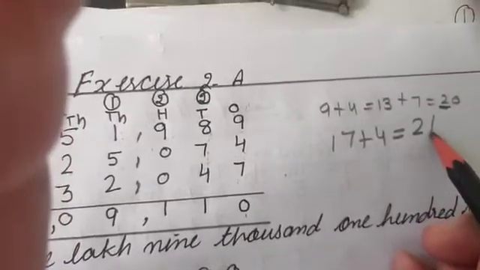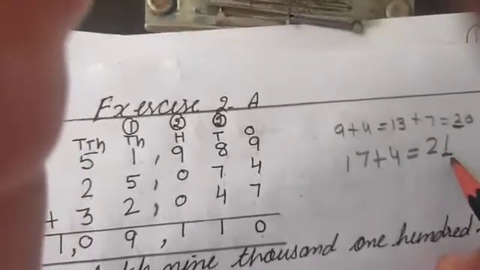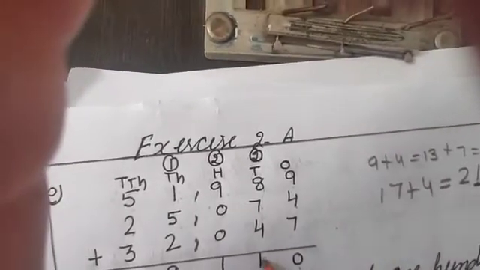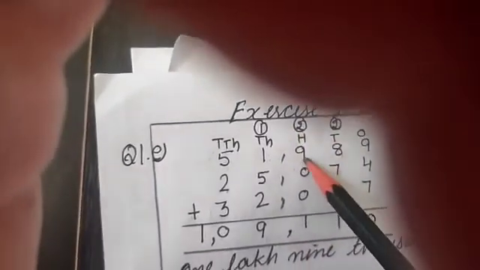Again what happened? This becomes 21. So this 1, I will write here, and this 2 will be carried to the 100 place. Now we will add it.